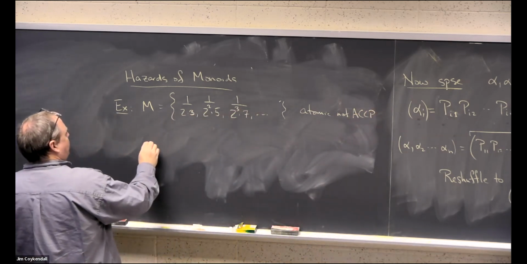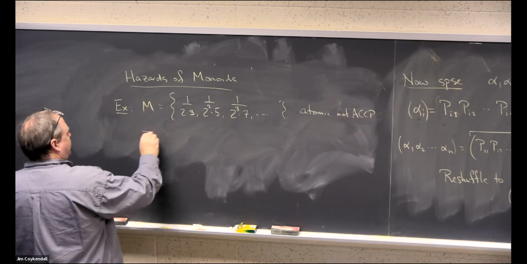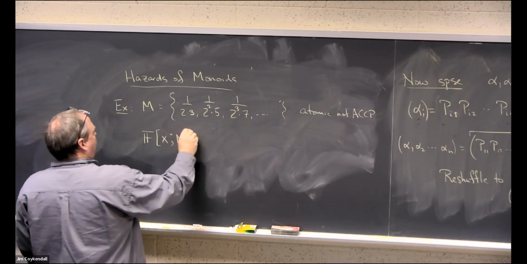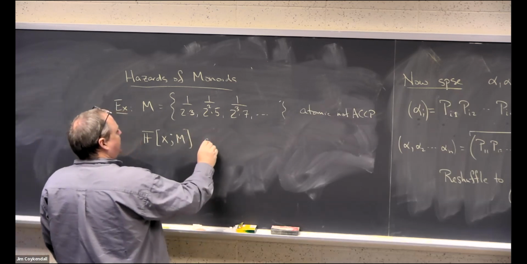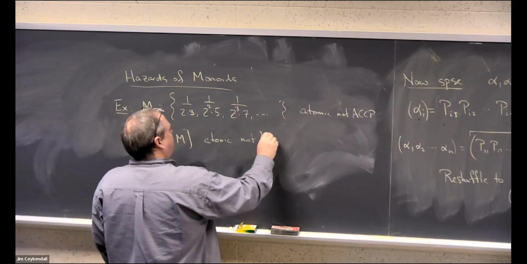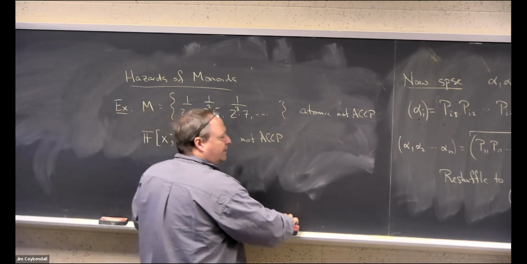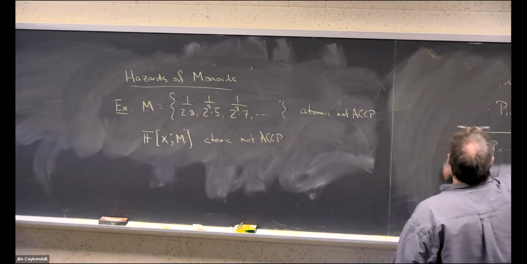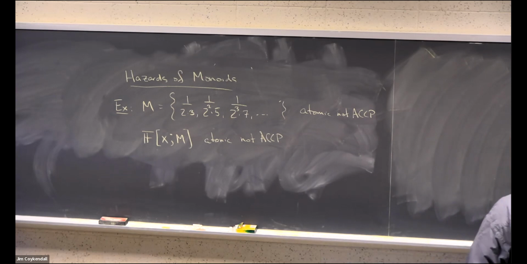Then if you look at this, this is also atomic, not ACCP. Monoids are actually a very great tool. If you like integral domains, they're kind of a good first pass tool.